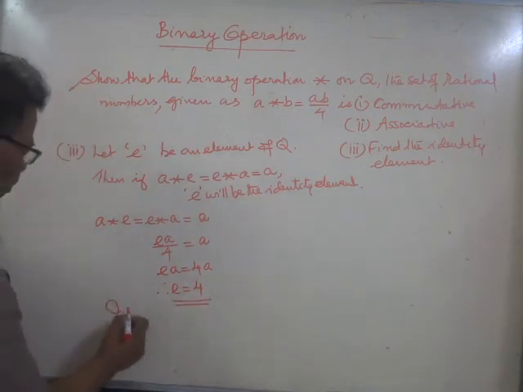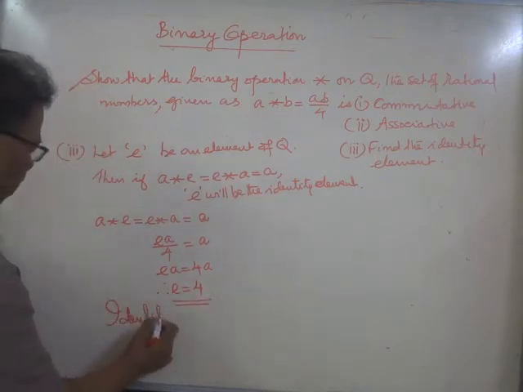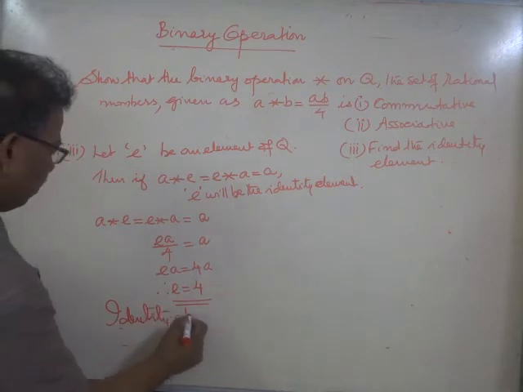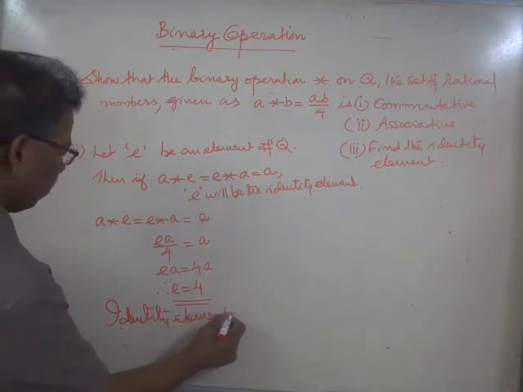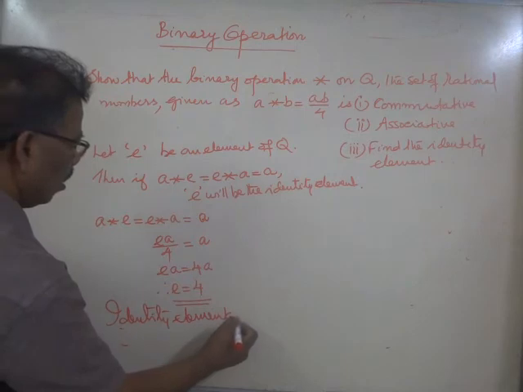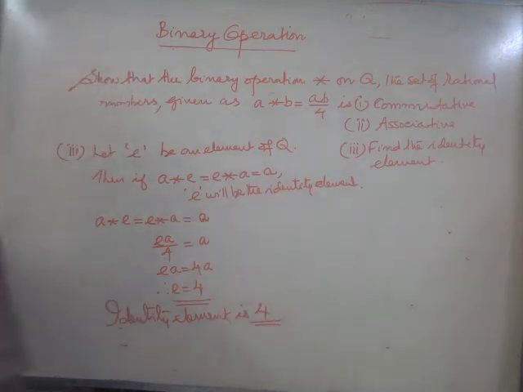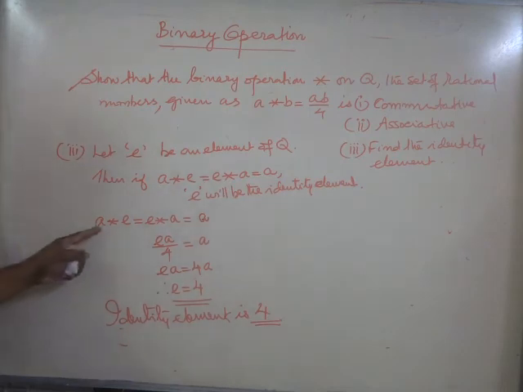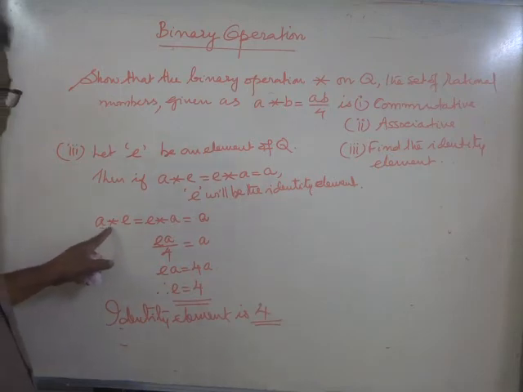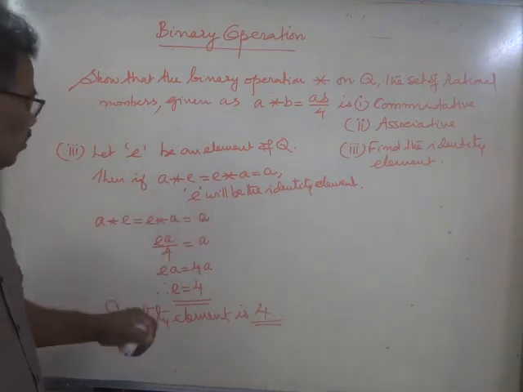Identity element is 4. How? For finding the identity element, we have to ensure whether A star E is equal to E star A is equal to A itself.